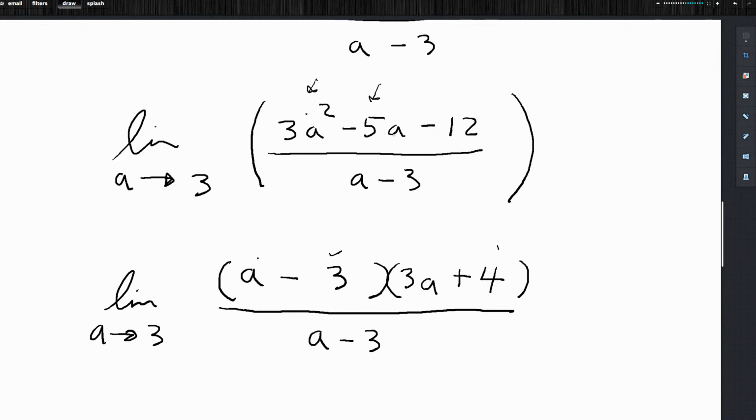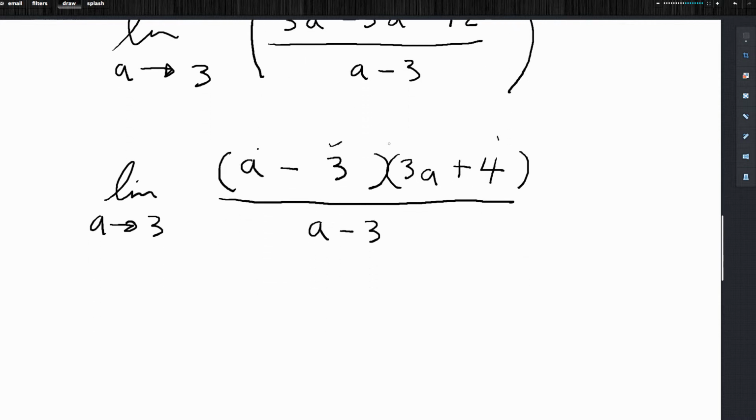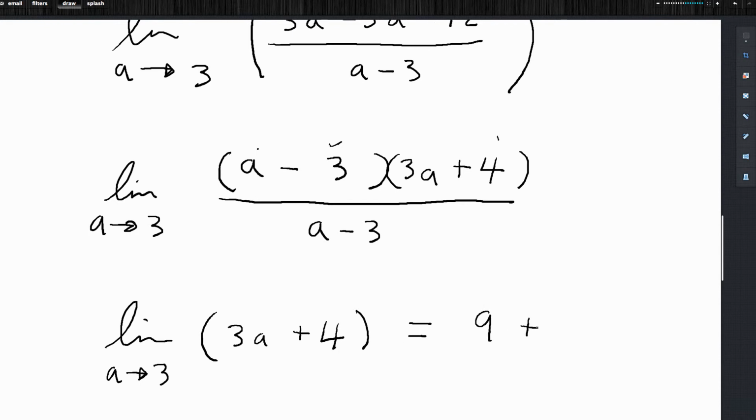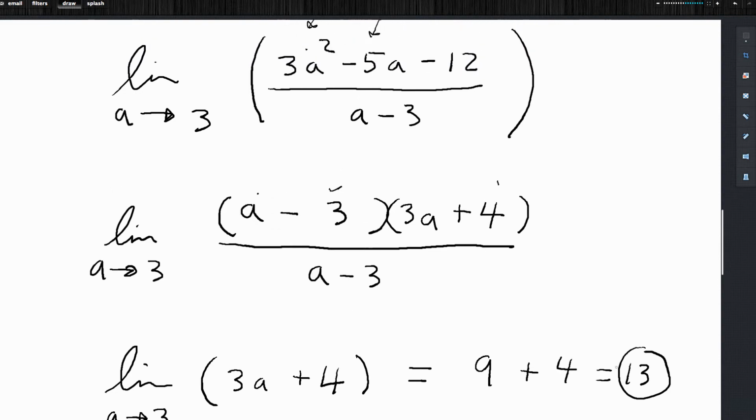The numerator did factor, and in fact, what we see is that we get the limit as a approaches 3 of just this 3a plus 4, and so that's just going to be equal to, we plug 3 in there, so you get 9 plus 4, and that's 13. Okay, great. So 13 is our instantaneous rate of change.